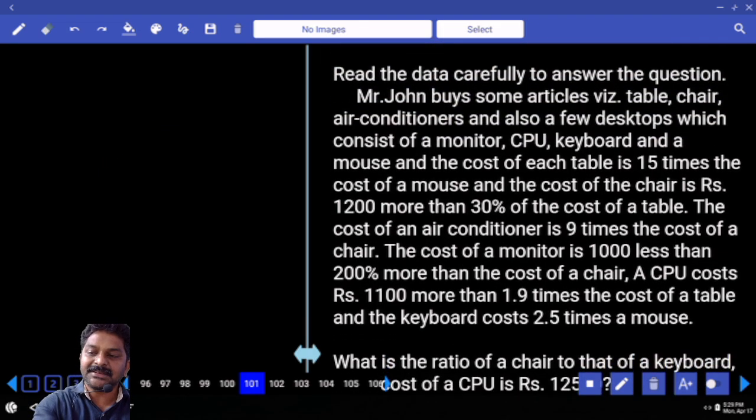Mr. John buys some articles: tables, chairs, air conditioners and also a few desktops, which consist of a monitor, CPU, keyboard and a mouse. What is he buying now?